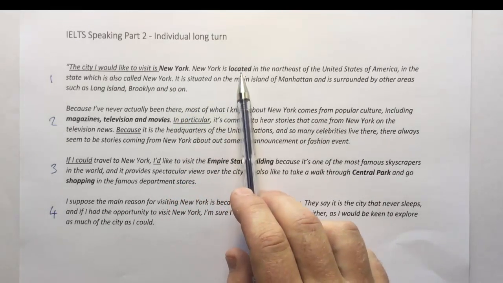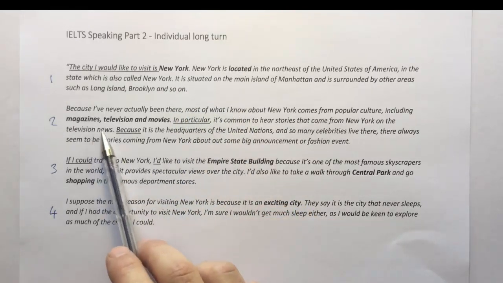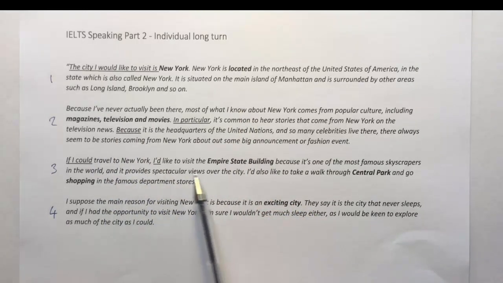So New York, where it's located, magazines, television, movies, Empire State Building, Central Park, shopping, and it's the exciting city, and a few other little bits and pieces there. So a really fluent answer, approximately 8.5 or 9, and importantly, fills the 2 minutes. So we're not wasting any time at all, or we're not going under the time.